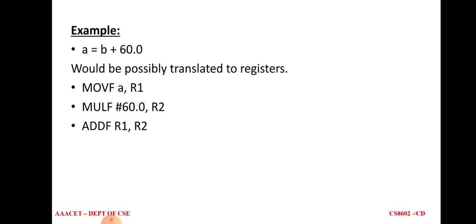Here 60.0 is a constant value, so we write a hash before that constant value, and finally we can add the values of R1 and R2. So these are the concepts of assembly level language.